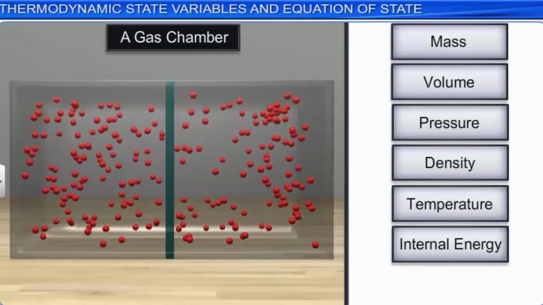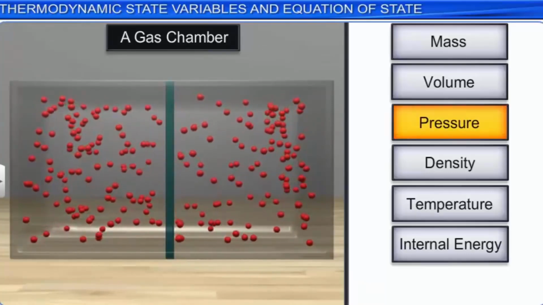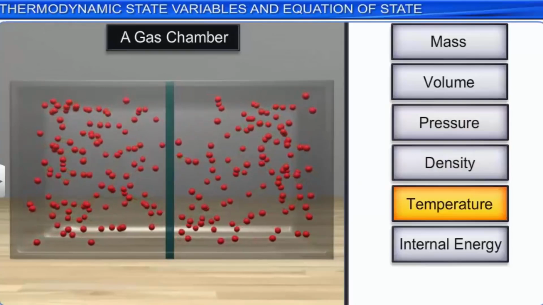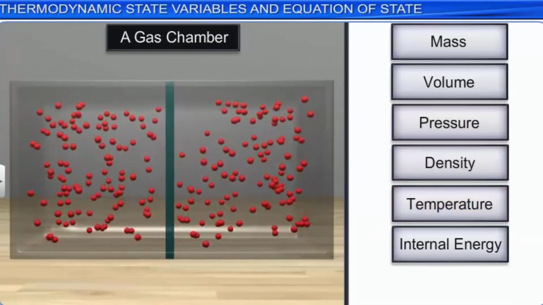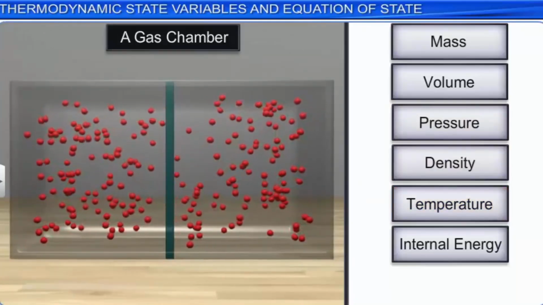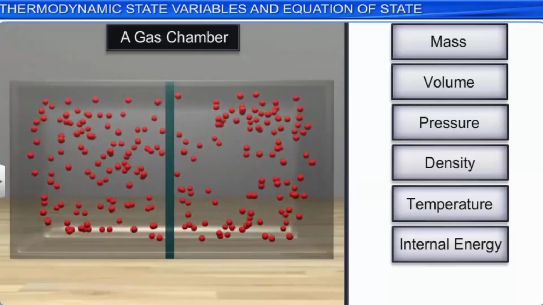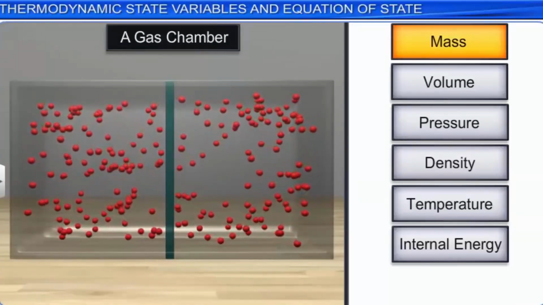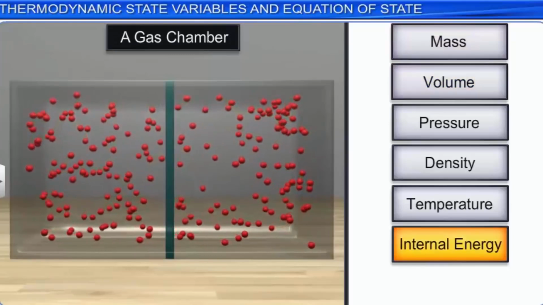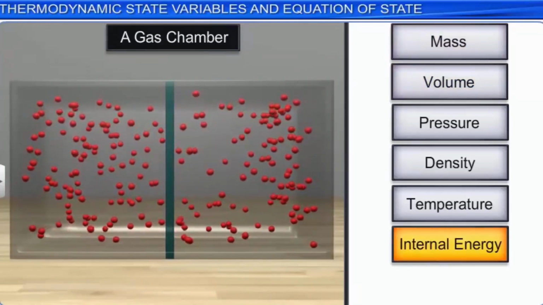Hence, pressure, density and temperature are intensive variables. On the other hand, mass, volume and internal energy are halved and hence these are extensive variables.